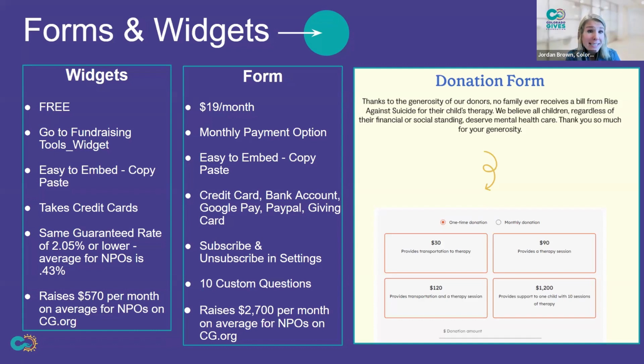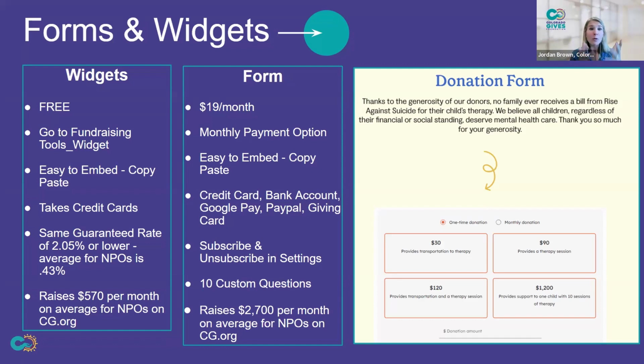It is going to be that same great guaranteed rate, just like the form, just like everything across coloradogives.org, of 2.05% per transaction or lower. And again, if you recall in past webinars that I've done, we've talked about the average effective fee rate for nonprofits on Colorado Gives is 0.43% of that transaction applied to credit card fees.